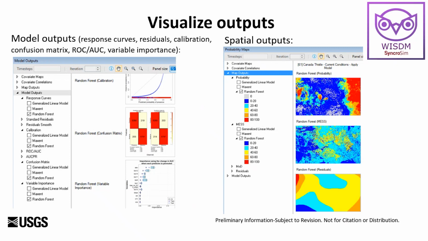And so there are different outputs produced from each model, including response curves for your covariates, a map of residuals, a calibration plot, confusion matrix, validation metrics, and then figures showing variable importance for each one of the model algorithms. And then you can also view the maps that I showed on the previous slide.